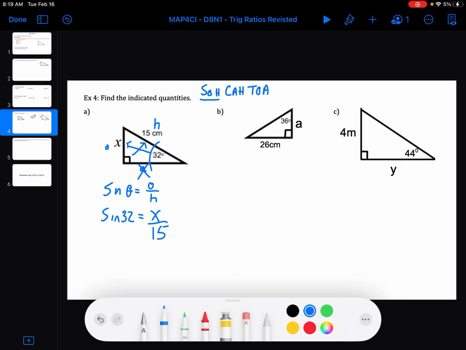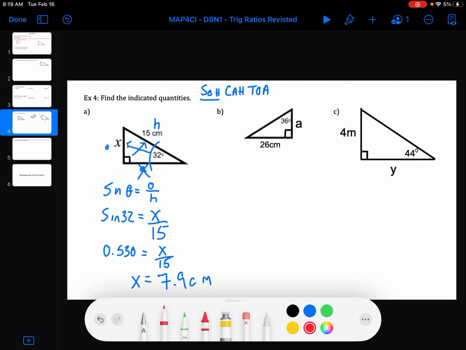So I'm going to have 32 sine, and I'm going to get 0.530, to 3 decimals. So 0.530 equals x over 15. To get the 15 to the other side, I'm going to just multiply it. So I'm going to take that number, multiply it, and get 7.9. And that's centimeters in this case.